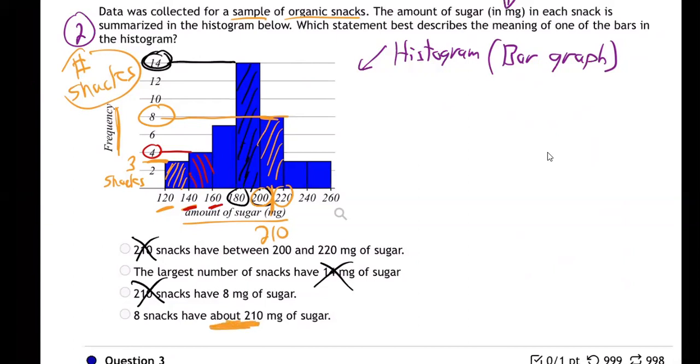It's about 210, between 200 and 220, 8 snacks. Yes, the bar graph is saying that. It's saying there are 8 snacks in the group that have around 210 milligrams of sugar. That is true. That is what the bar graph is saying. Does that make sense? Questions on that one? No calculator needed. Just read the graph.